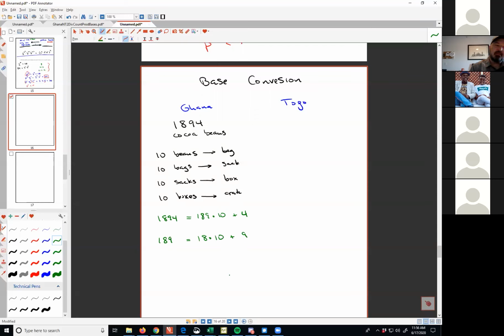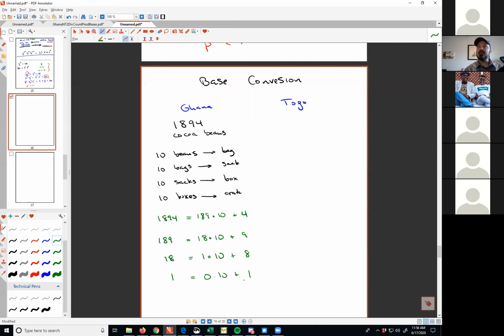And we have 9 bags left over. Now we have 18 sacks of beans, and we put 10 of them into one box, and we have 8 left over. And then we just have that one box, and we have 0 crates, 1 box.